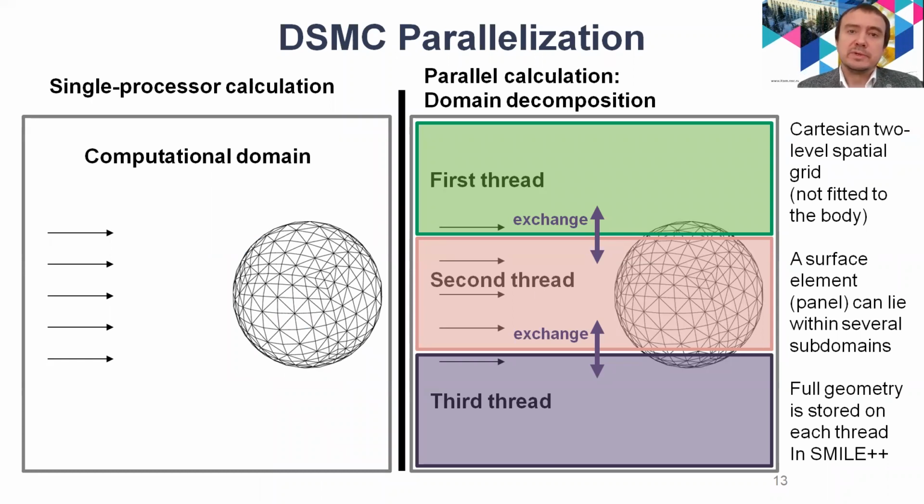What are the problems with the parallelization of this approach to modeling surface chemistry? Let's recall how we parallelize the DSMC computation.